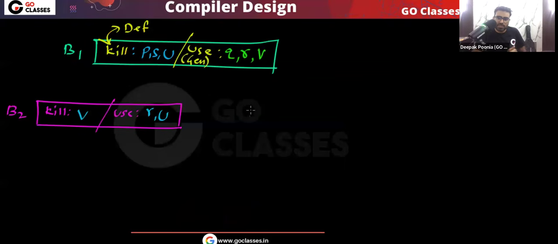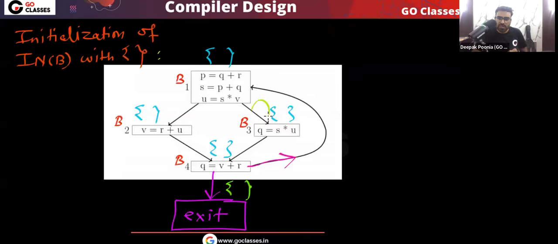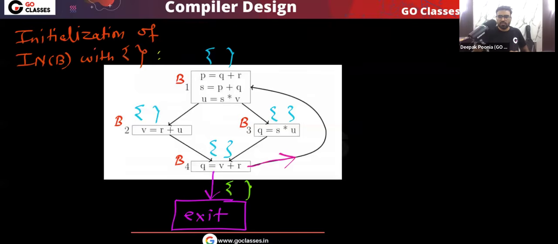Next, there is basic block b3. In this b3, which variables are killed, meaning defined, and which variables are used, meaning generated? You can see q is defined, q is killed, and s, u are used. Q here, s, u here. Very simple.